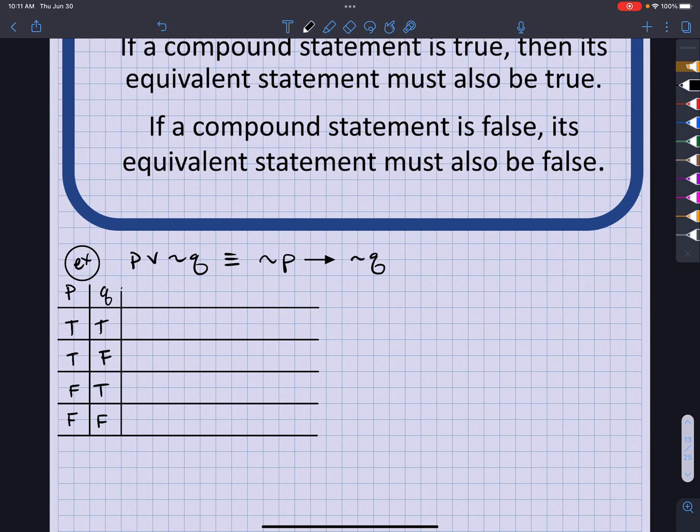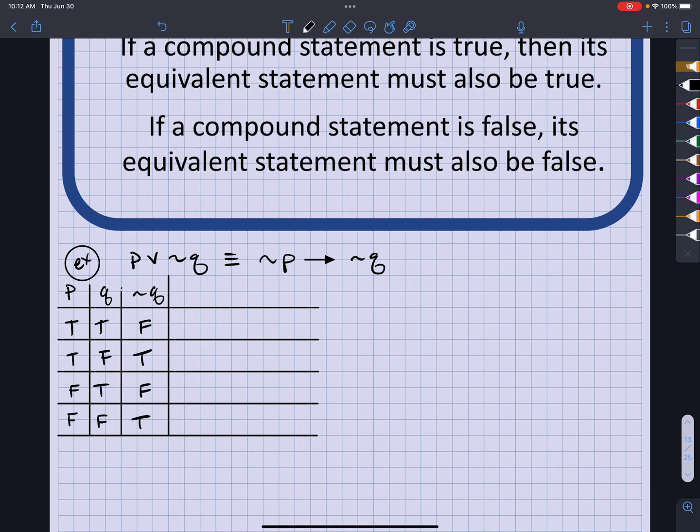To do this, I'm going to deal with just this piece right here for now. So I need a not Q. In other words, I have to negate the Q column. So it's going to be now false, true, false, true.